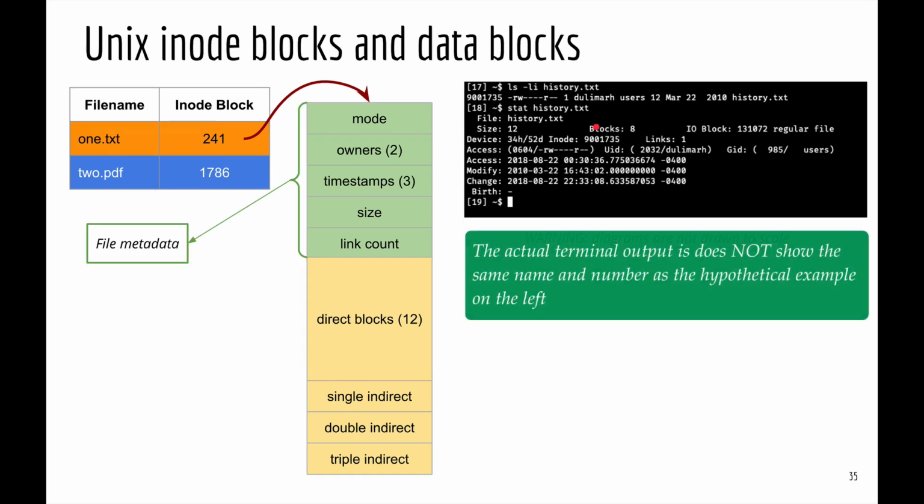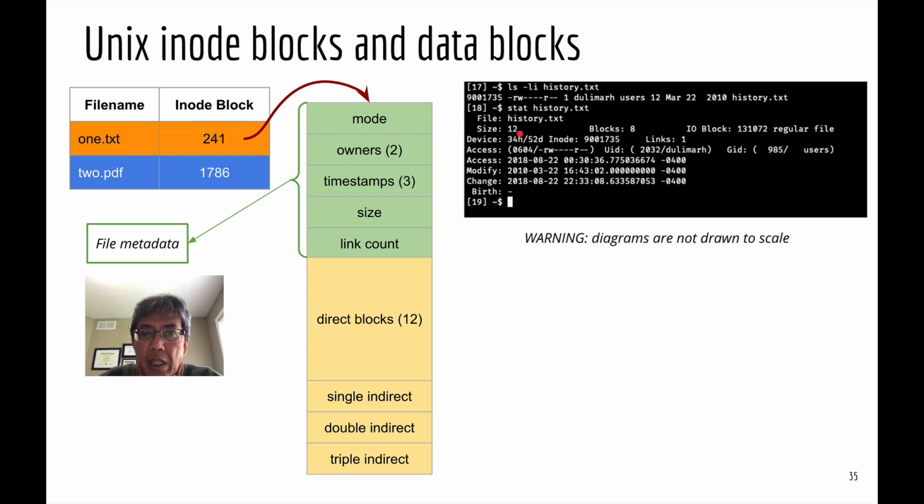The screenshot of the Unix terminal shows you the output of ls and stat. If you look at the output of stat, the file name is fetched from the directory entry, but the rest of the output is fetched from the metadata inside the inode block of that file, because there is a link between the directory entry to the inode of that file.